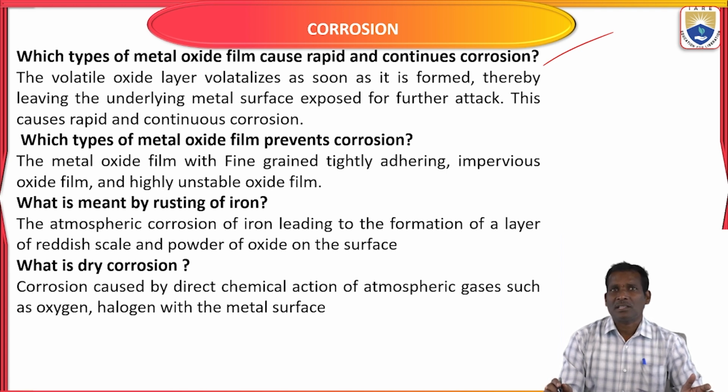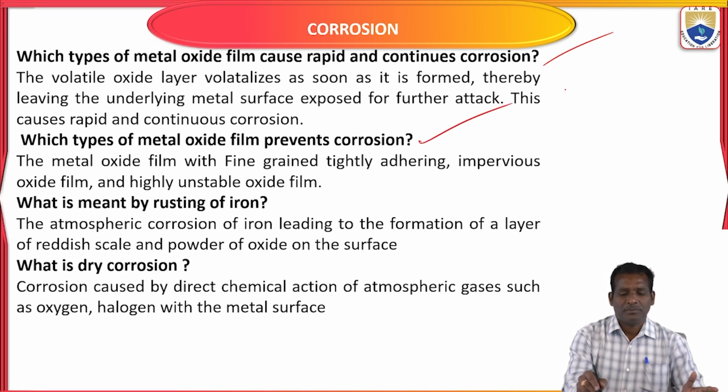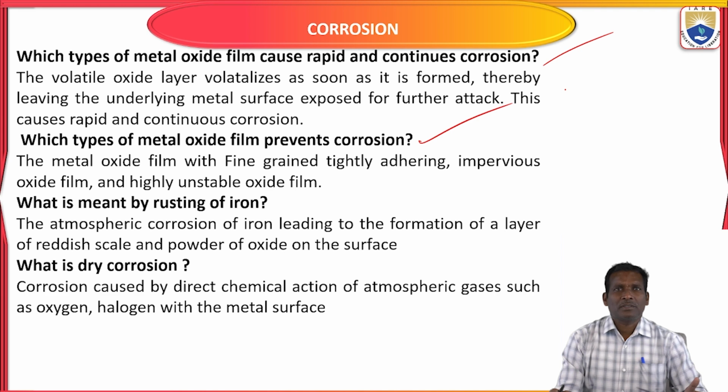So this causes rapid and continuous corrosion. Which types of metal oxide film prevent corrosion? The metal oxide film with fine grained, tightly adhering, impervious oxide film, and highly unstable oxide film.